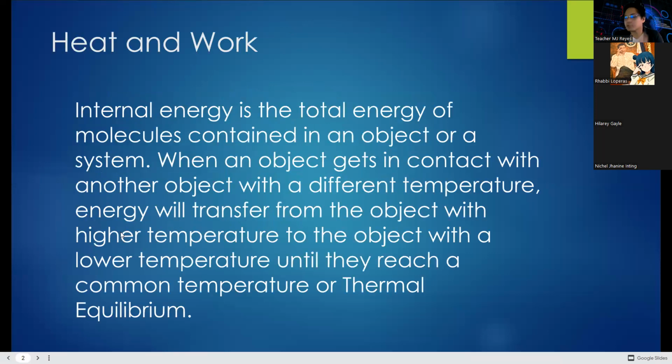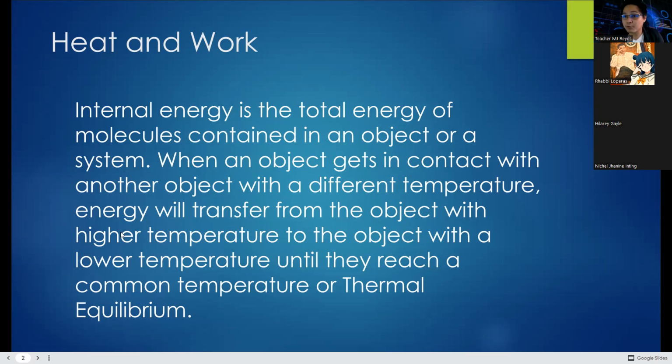So heat and work. What's the heat and work? Okay, if there is heat, the tendency is work is done. If there is heat also, there is a transfer of energy, correct? So heat is created because there is what? There is movement of particles, number one. Number two, there is a transfer of energy since the law of thermodynamics is telling us that energy cannot be created nor destroyed, but it can be transformed from one form to another.